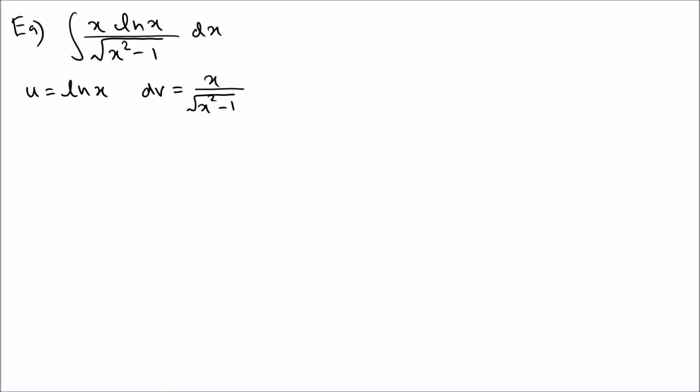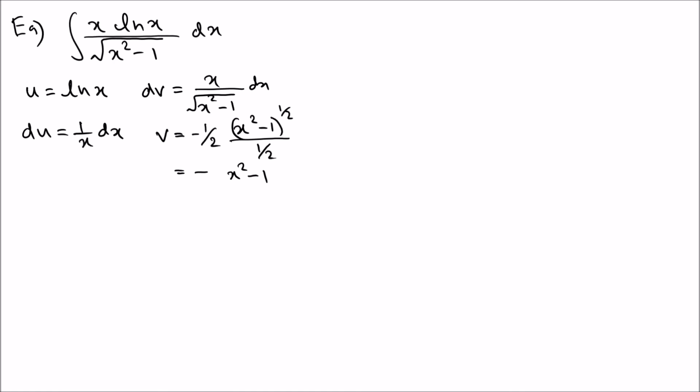Differentiating the first one, du equals 1 over x dx. And this one is very easy to integrate. Using the general power rule, you get negative 1/2 times x squared minus 1 to the 1/2 over 1/2. In other words, the 1/2 gets cancelled, so negative x squared minus 1 to the 1/2. That's what you get.